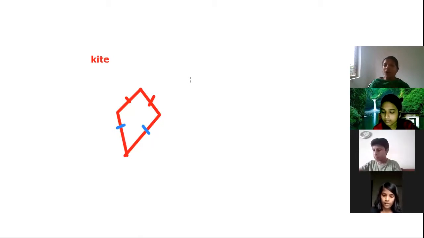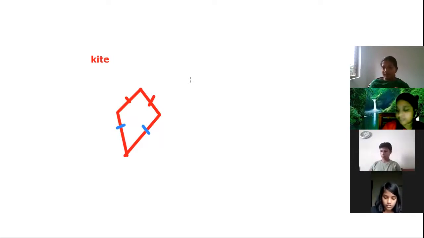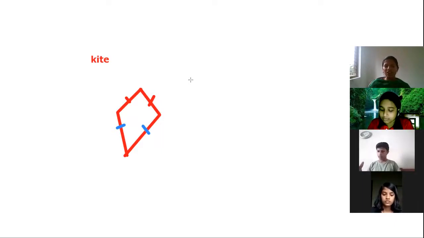We don't need to have all the 3 sides or all the 4 sides equal. We only have to get a 4-sided polygon having exactly 2 distinct consecutive pairs of sides of equal length for a kite. These are the 2 types of quadrilateral which are not so important, that is trapezium and kite. You just have to remember them. Trapezium and kite.